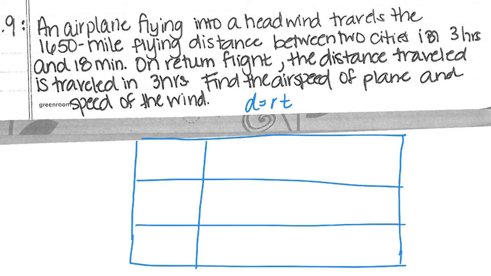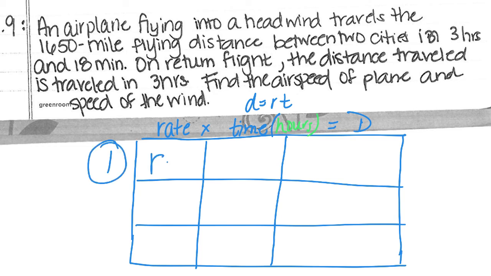So I guess I don't need 3 sections, but we'll just go with it. So notice rate times time. Time is always in hours, so I'm going to write that right here. Hours is equal to my distance. In the first trip, we are going against the wind. The second trip, we're going with the wind.